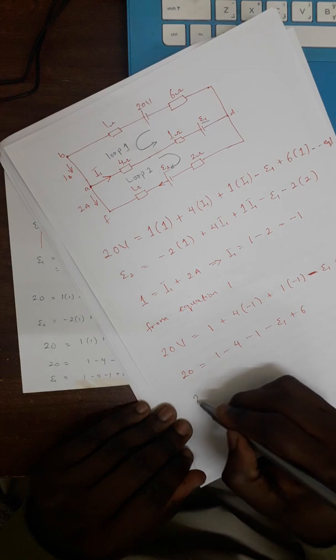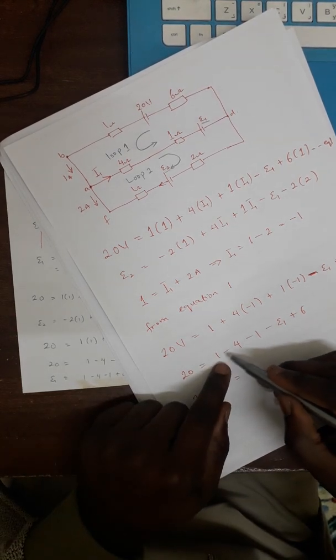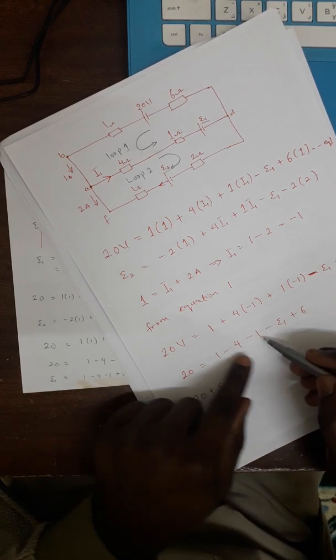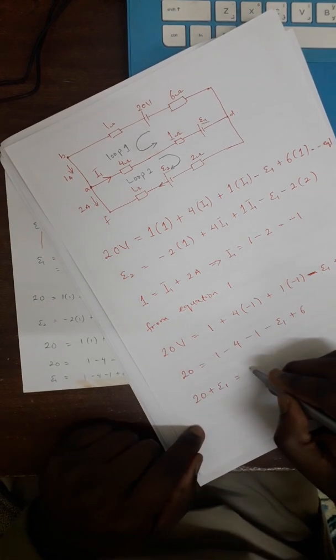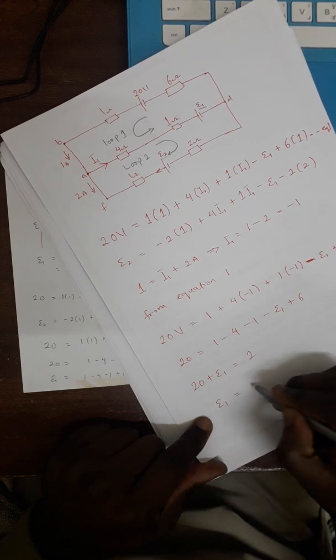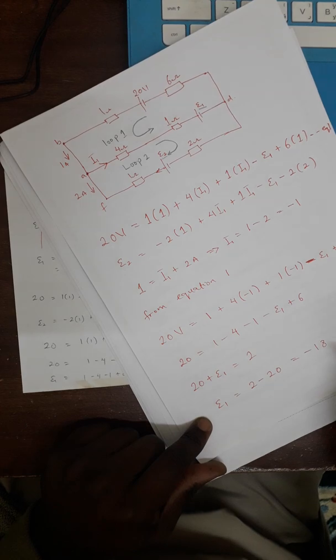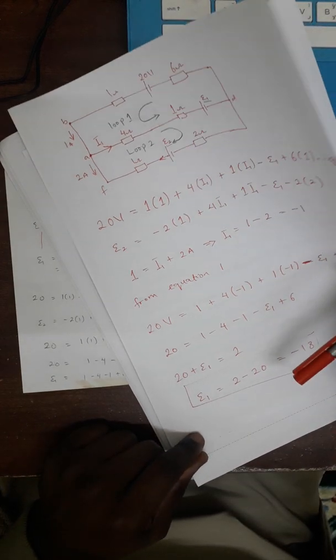So I will say 20 plus E1 is equals to, what is this? 1 minus 4 is minus 3. Minus 3 minus 1 is minus 4 again. Minus 4 plus 6 is plus 2. So I have 2. It means that my E1 is equals to 2 minus 20. That will give me negative 18. So my E1 is equals to negative 18.